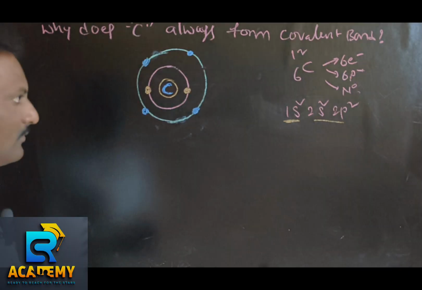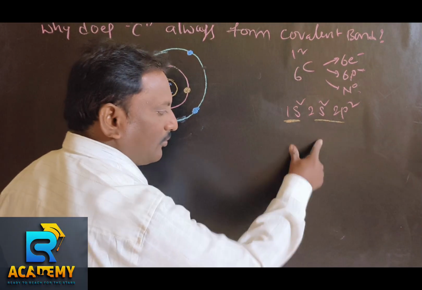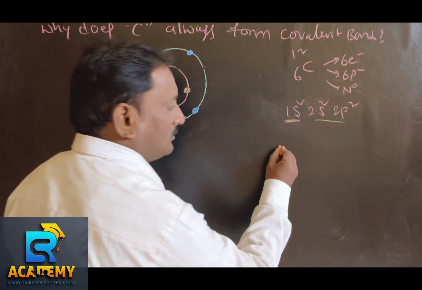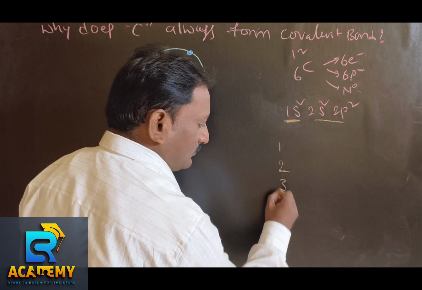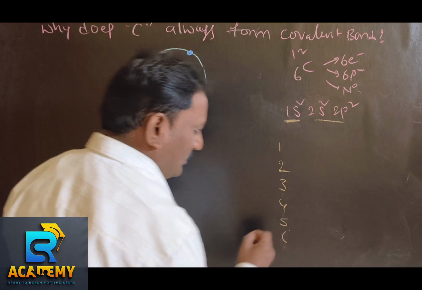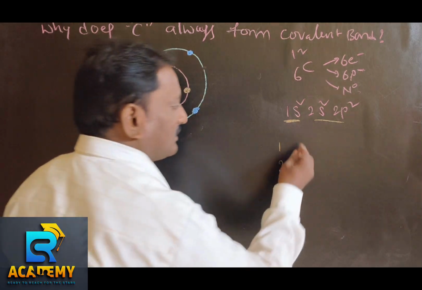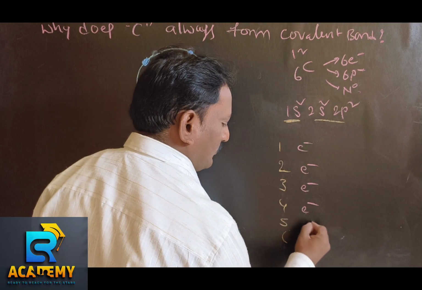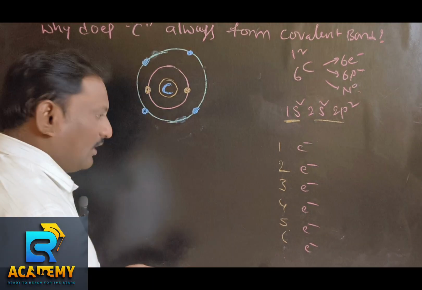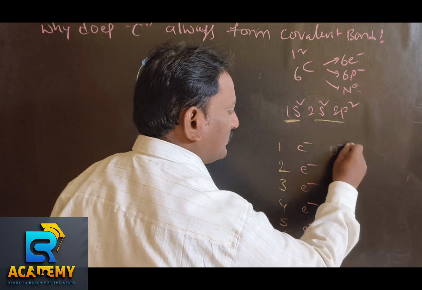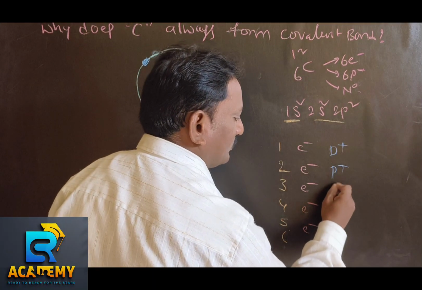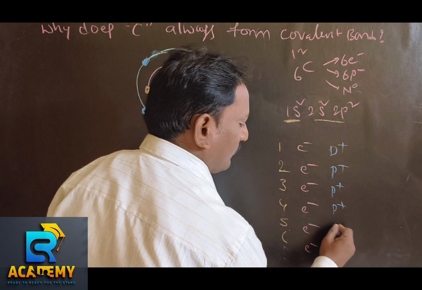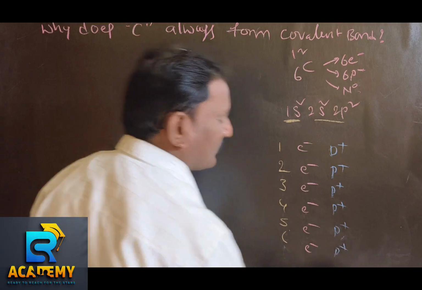Let me write one more piece of information here. Each carbon has 6 electrons, 1, 2, 3, 4, 5, 6, and 6 protons as well, 1, 2, 3, 4, 5, 6.